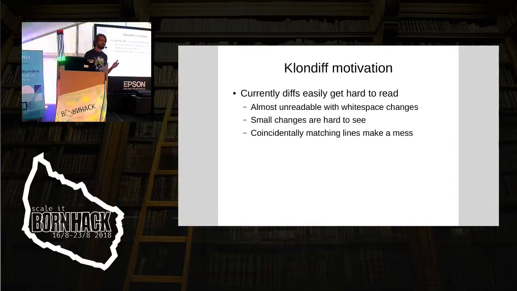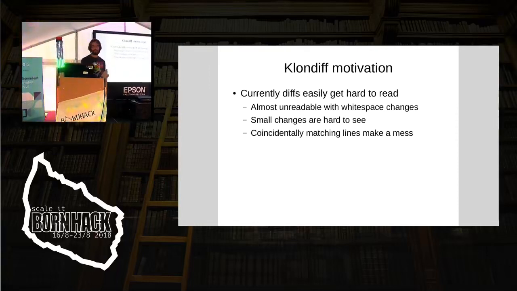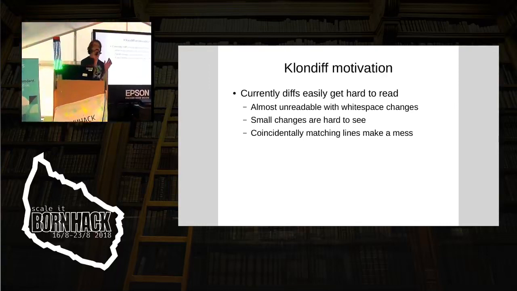If you have more complicated diffs, they easily get very hard to read. You can use side-by-side diff tools, which makes it a bit easier to compare the files. But even on a single screen, from a terminal, there is a lot of room for improvement. For example, when there are white space changes, it easily gets unreadable. Things are shifted and small changes are hard to see.